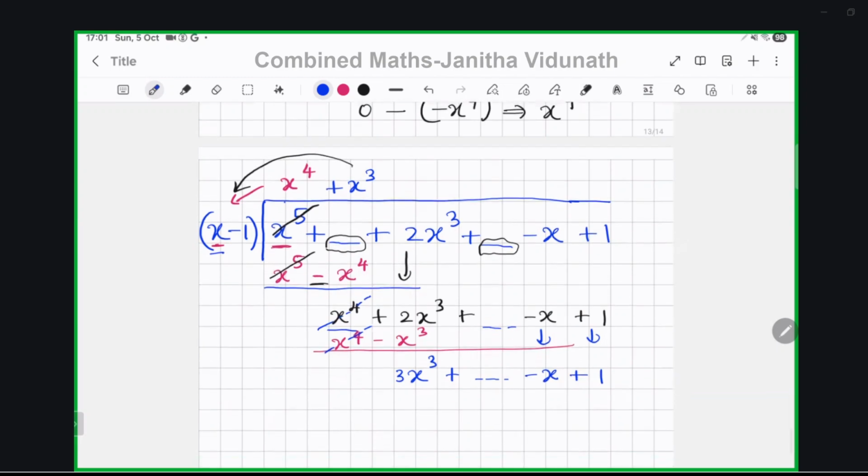Then we divide 3x cube, the leading term of the remaining terms, by x. Then it will give plus 3x square. Then we multiply that term with the entire divisor. Then we will get 3x cube minus 3x square.